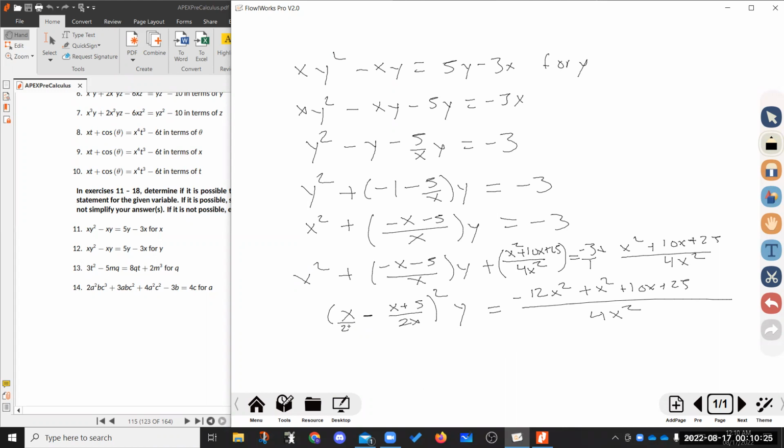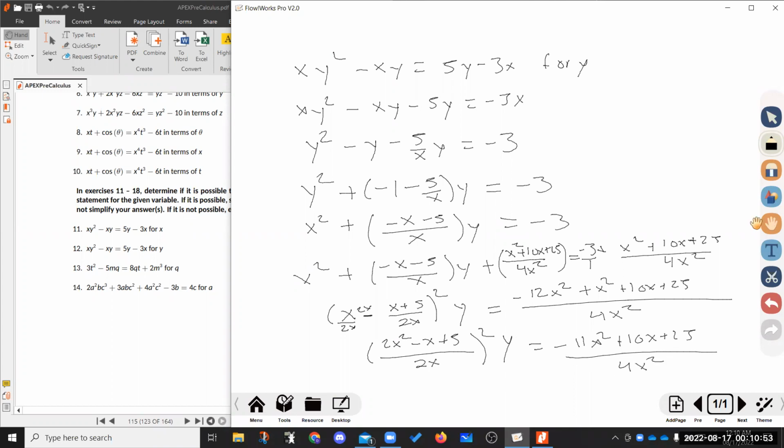Let's make this over 2x, so this is 2x squared minus x plus 5 over 2x quantity squared y is equal to -11x squared plus 10x plus 25 over 4x squared.